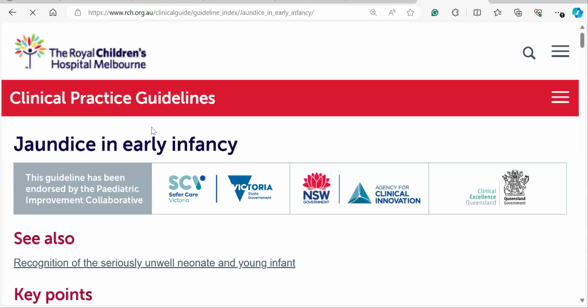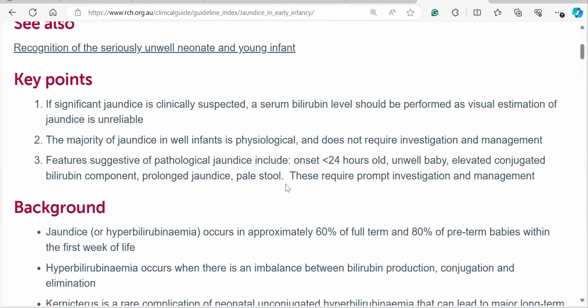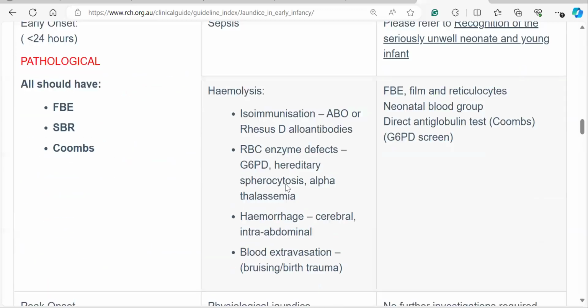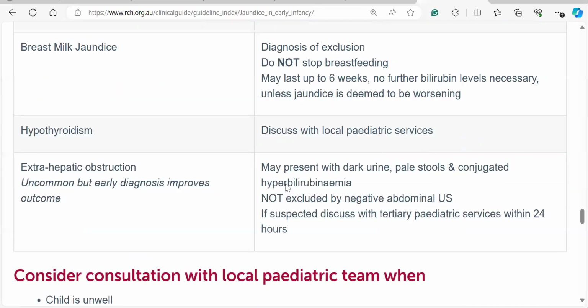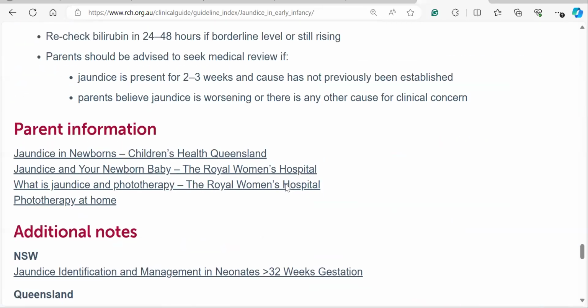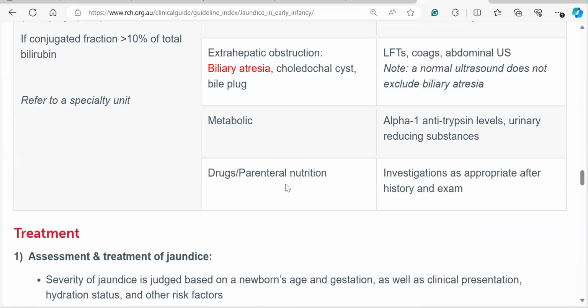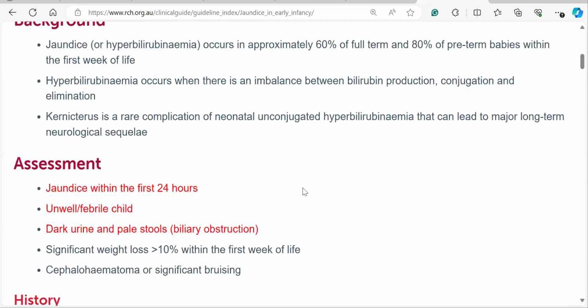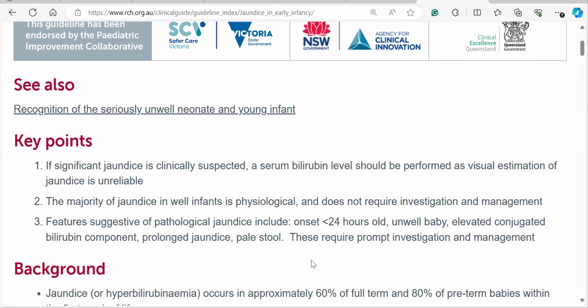So go to this RCH guideline, which is jaundice in early infancy. Please make sure you read this thing. So it is good to know. So go through this guideline in your own time, but I will discuss most of the important things now.